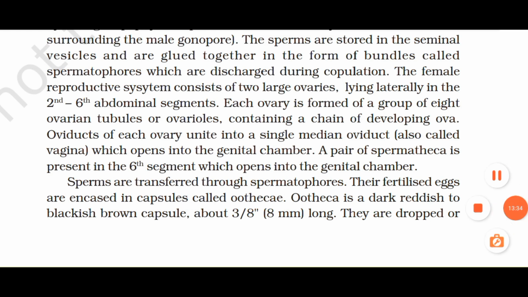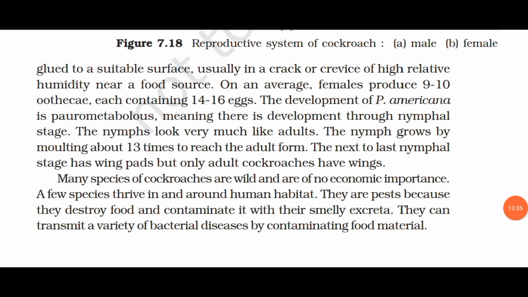They are dropped or glued to a suitable surface, usually in a crack or crevice of high relative humidity near a food source. On an average, females reproduce 9 to 10 ootheca, each containing 14 to 16 eggs.